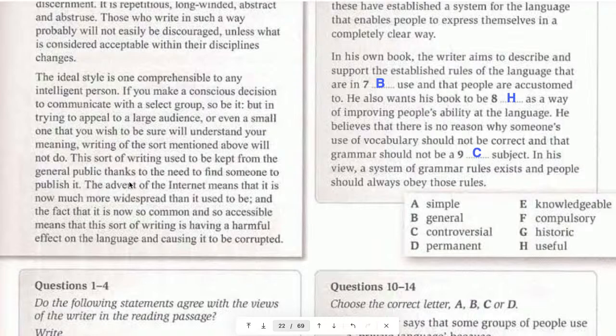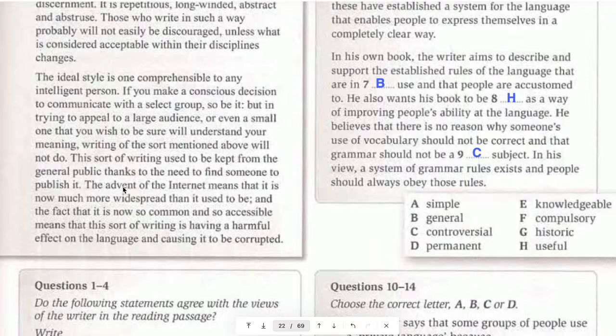The advent of the internet means that it is now much more widespread than it used to be, and the fact that it is now so common and so accessible means that this sort of writing is having a harmful effect on the language and causing it to be corrupted. So what does the internet do?